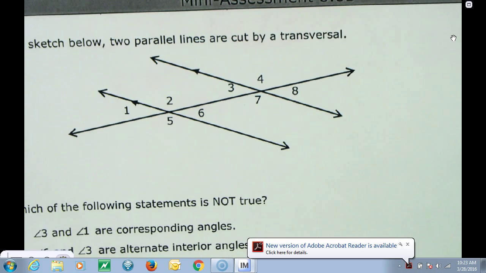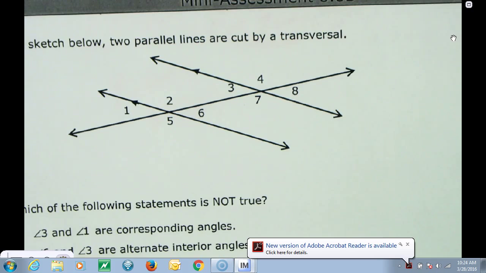Good. Name 2 supplementary angles. 3 and, no. Supplementary means they add up to 180. They're not congruent. So 3 and 7. No, 3 and 8 are vertical angles. They're congruent. Supplementary add up to 180. Y'all are scaring me to death.